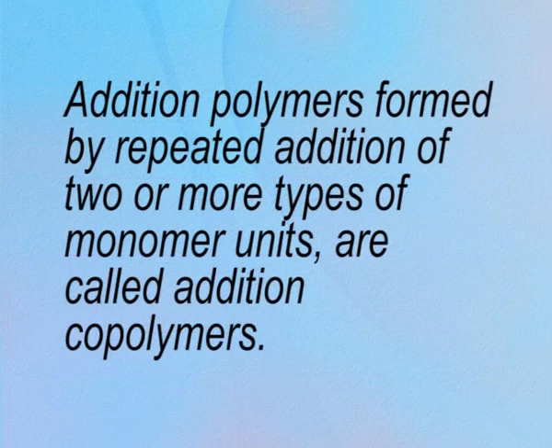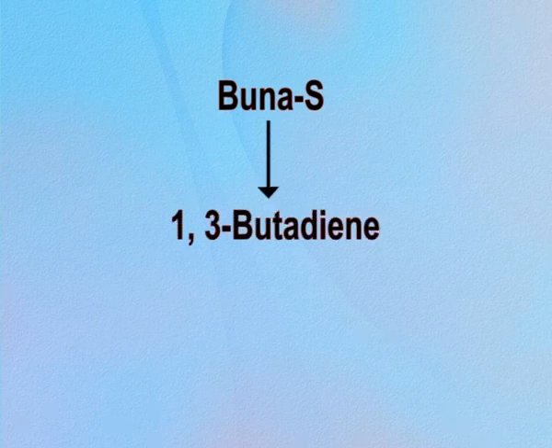Addition polymers formed by repeated addition of two or more types of monomer units are called addition copolymers. For example, Buna-S is an addition polymer of 1,3-butadiene and styrene.